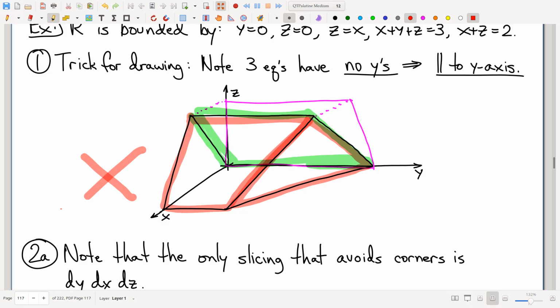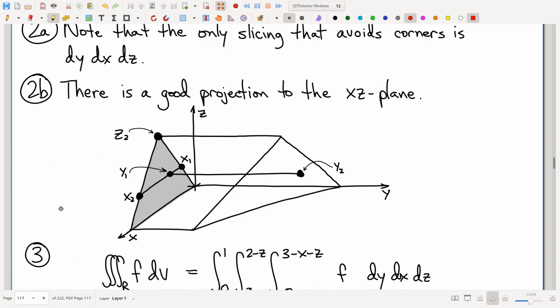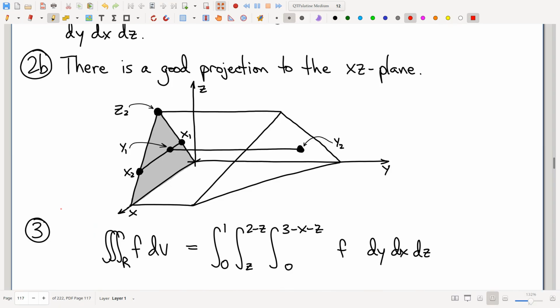That doubles your work, at least. Not to mention the fact that you'd have to figure out how to break up your projected domain. So this is what I would call a bad projection. And that's why I didn't do it, right? And again, notice no such problems here.